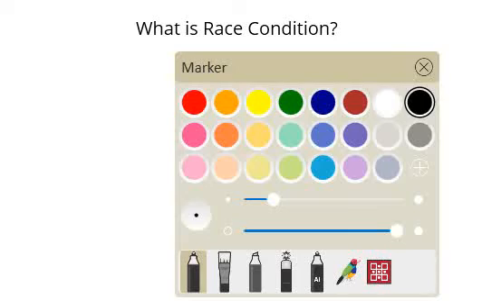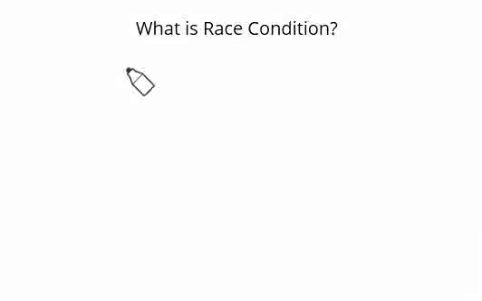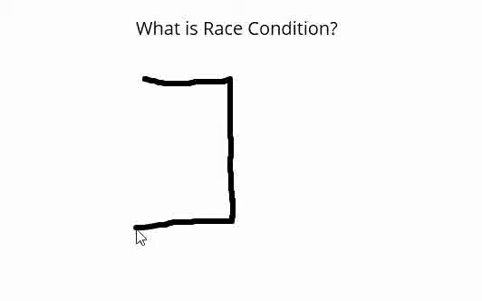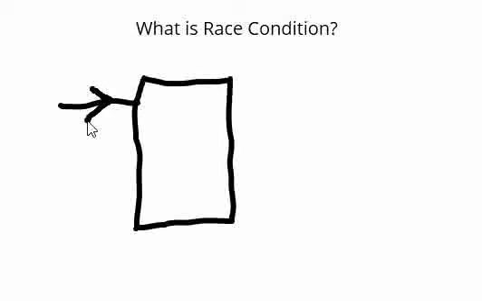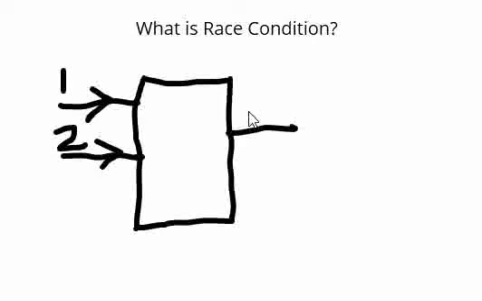Like in the hardware, let us assume we have an IC for which there are two inputs, input 1 and input 2. Let us assume the output of this particular IC is depending on the input states. So let us assume this is a simple AND gate.